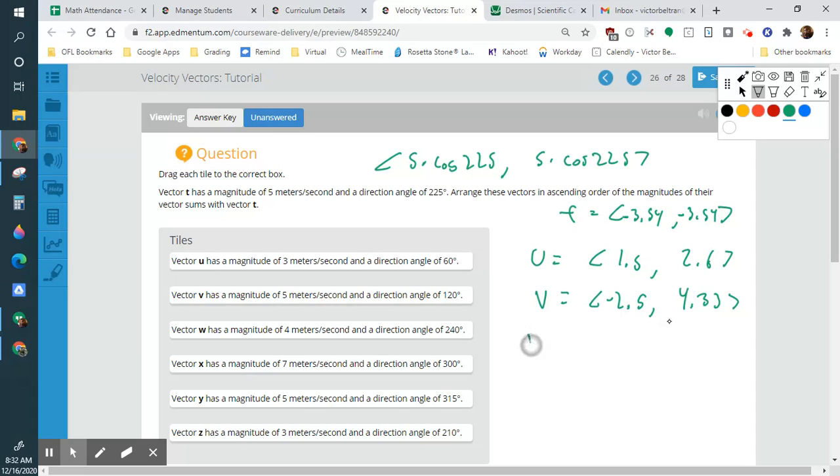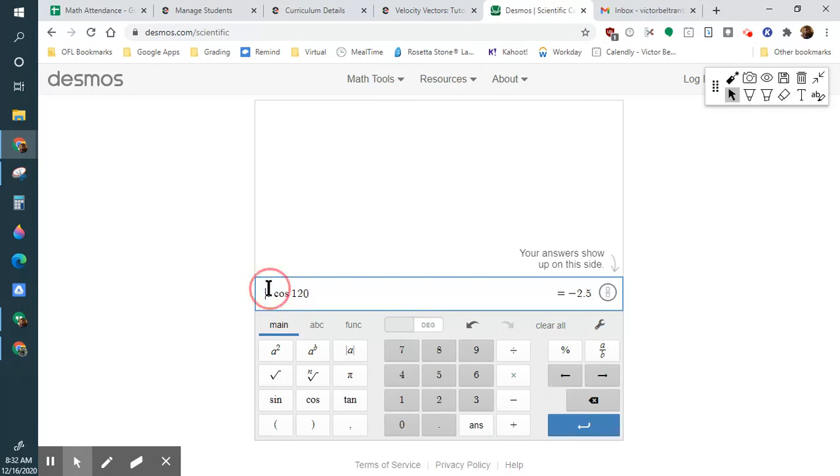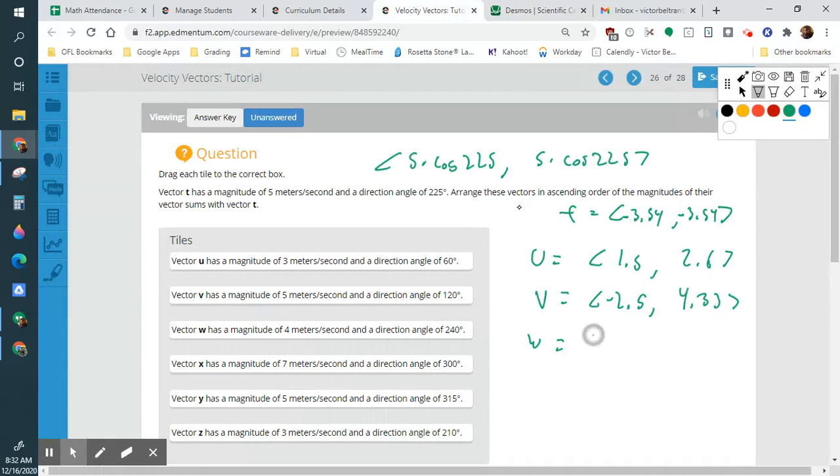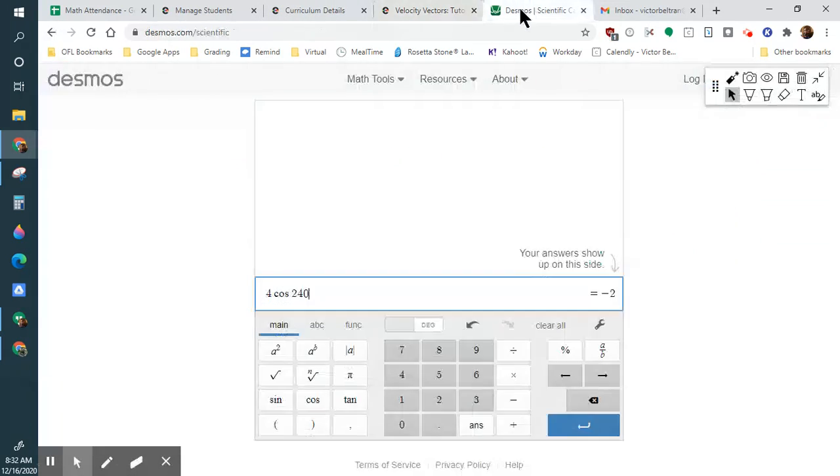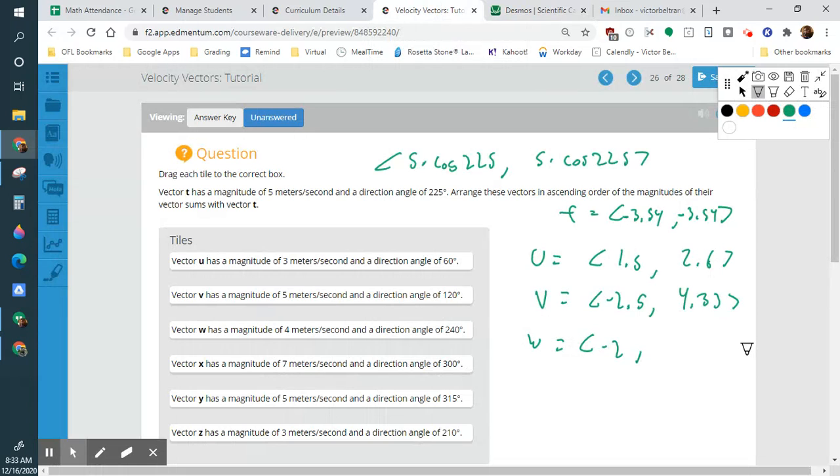Now I have to do W. So W is 4 and 240. Make sure you're keeping track of whether it's a cosine or a sine. This is a cosine, so it should be the x value. We're doing it in rapid succession next to each other, so it's faster to just do whatever's there. Negative 3.46. I said 4.6, oh no, it is 4.6.